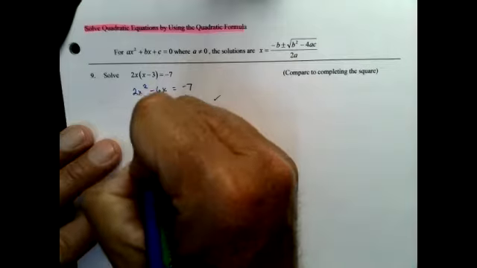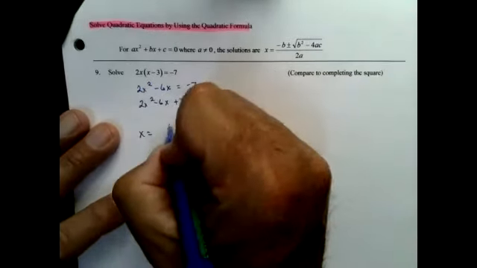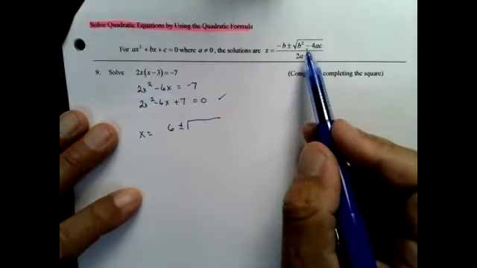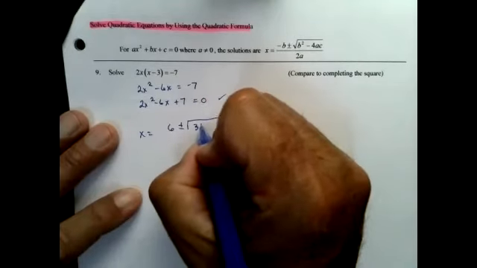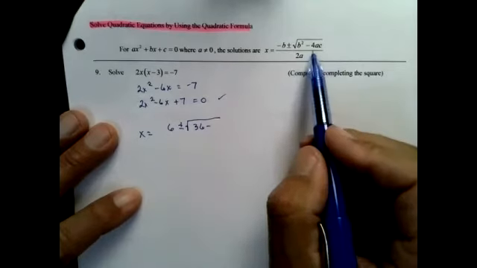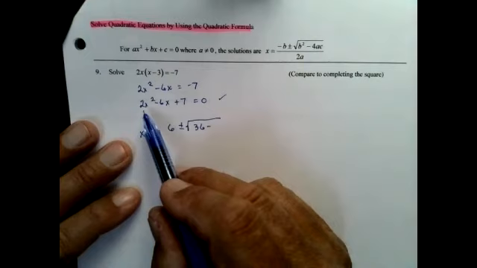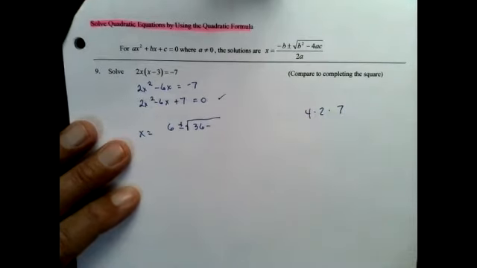X equals the opposite of b, 6, plus or minus the square root of b squared. -6 squared is 36 minus 4 times a times c.